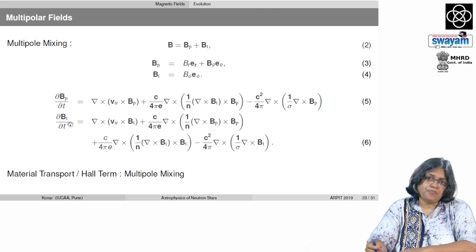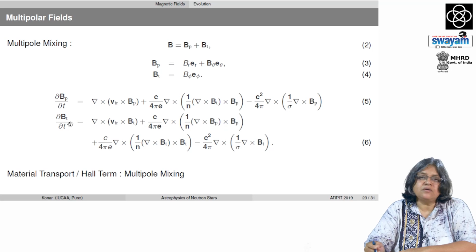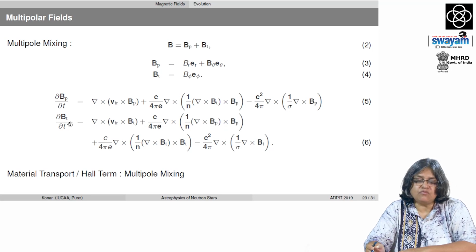So, therefore, depending on the initial configuration of the magnetic field, the evolution would be determined by the transport properties as well as the initial condition of the field.